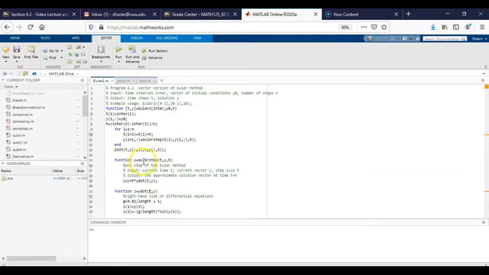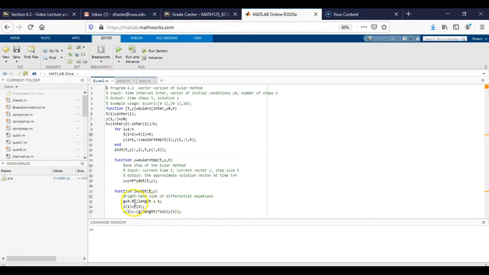The second function is just one step of Euler's method. Here you can see we do one step of Euler's method, but since we're in this loop up here, it's going to do Euler's method however many times we need it to. And then this last function is the differential equation.